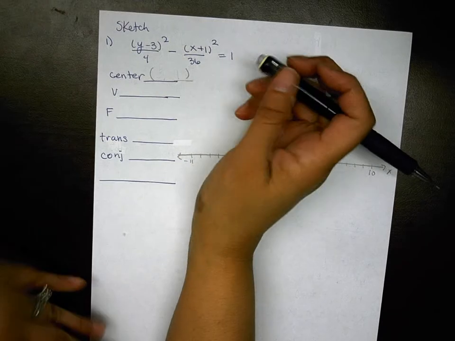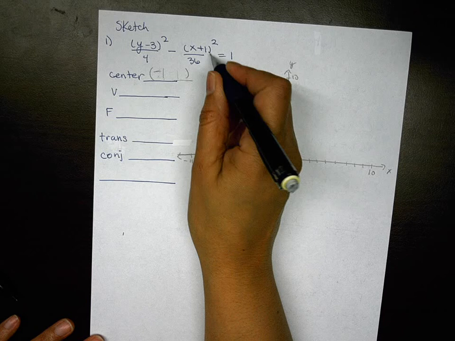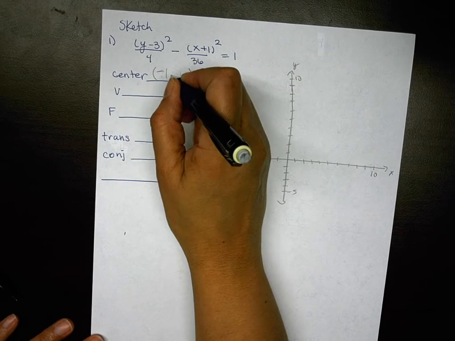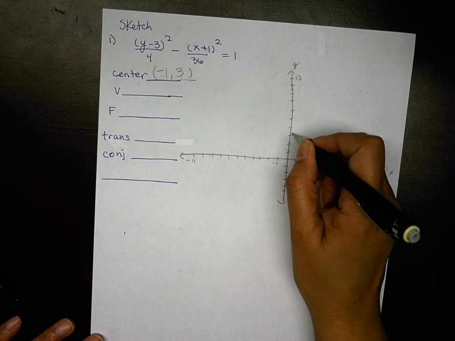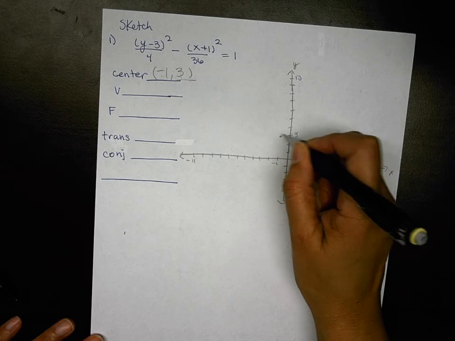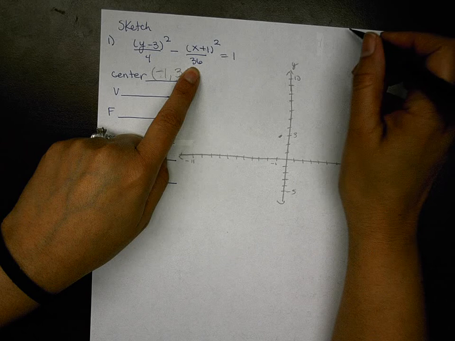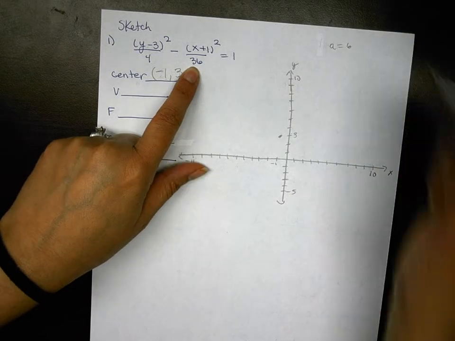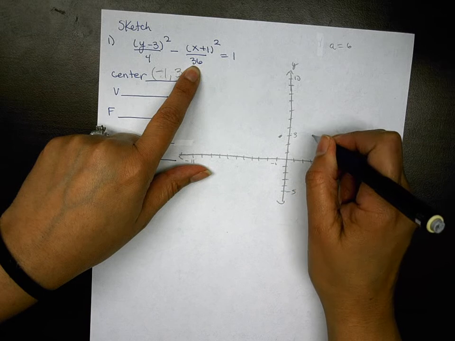So what goes in the x spot? -1, because that's with the x. What goes with the y? 3. Go left 1, up 3. Okay, right and left, whatever's underneath the x. So right and left, how far? 6. 1, 2, 3, 4, 5, 6.